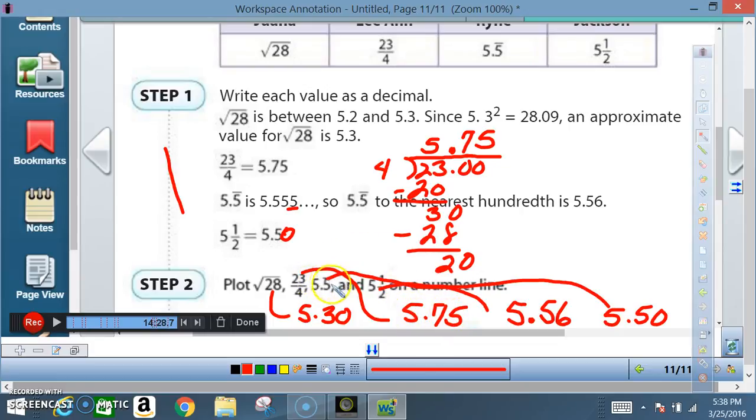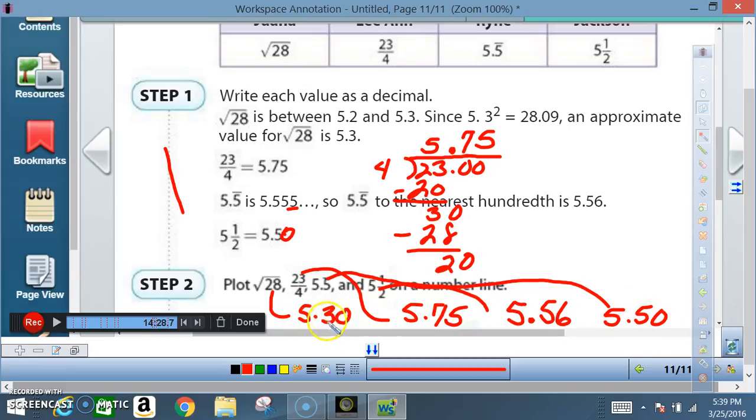5.5 repeating, we said that's going to be 5.56 because we rounded. And 5 1/2 we know is 5.5, but that's like saying 50%, or 1/2 is like saying 50%. So that's 5.50. Now it's easy to tell. Notice all the front numbers are 5, 5, 5, 5. So now put the other numbers in order from least to greatest.